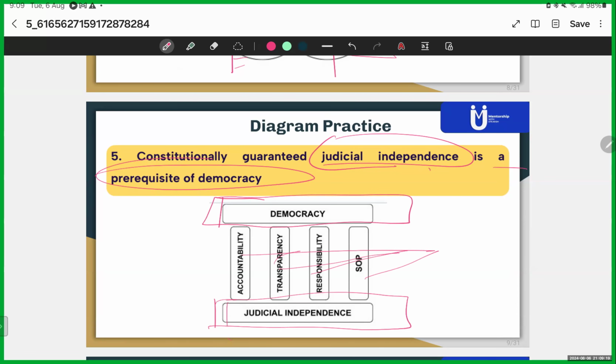I have said that this is the base, these are the pillars. Now you can say how judiciary promotes accountability, how judiciary can promote transparency, responsibility, separation of power. It can be an analytical question. Means I'm not saying only these pillars should be mentioned. I'm just giving you the diagram. It can be utilized in any manner then.